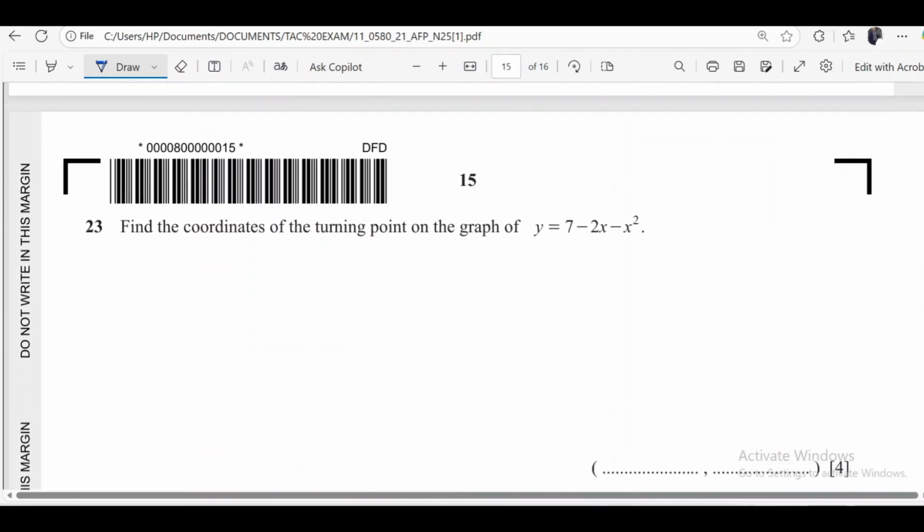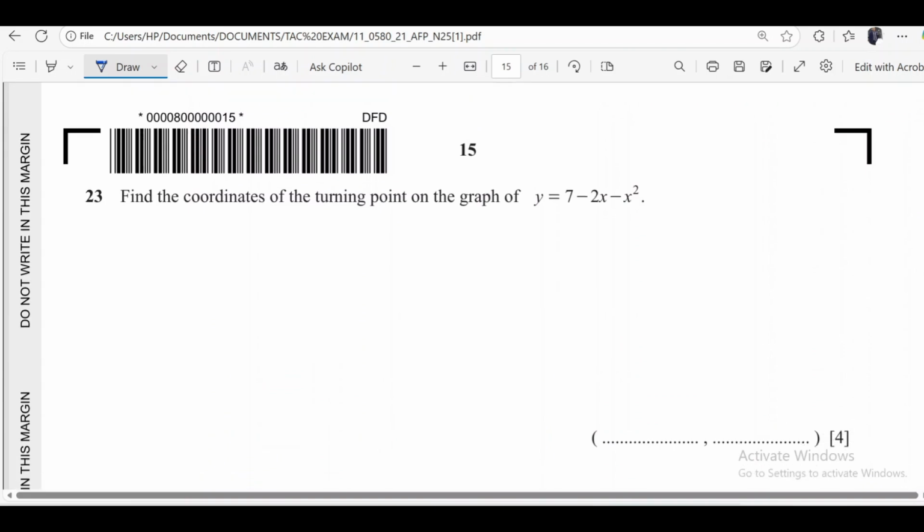Question 23, we have to find the coordinate of the turning point here. At the turning point, there are two methods. Method one, we can say x is minus b over 2a using the formula method.